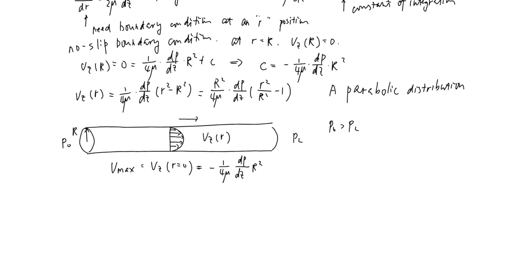Okay, now if you have Vmax, then you can rewrite your Vz as a function in terms of Vmax. You can replace the dp dz term with Vmax in the velocity expression.